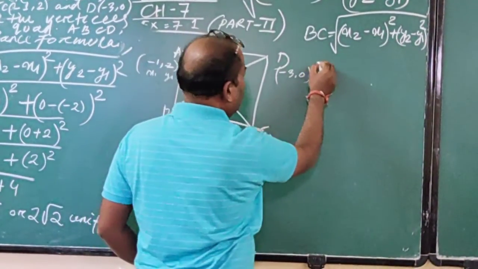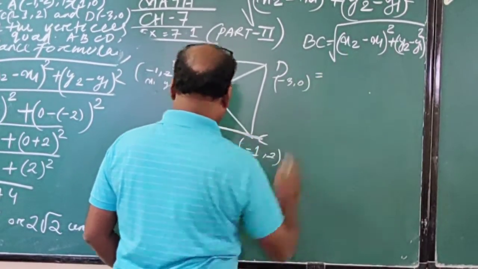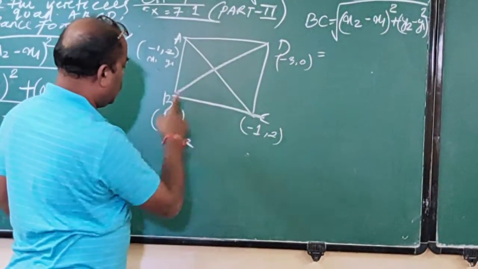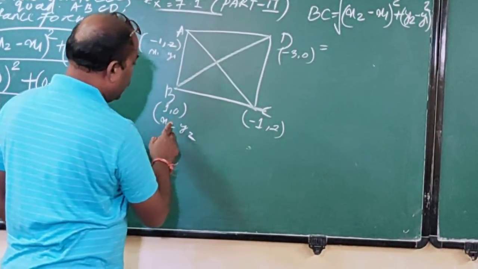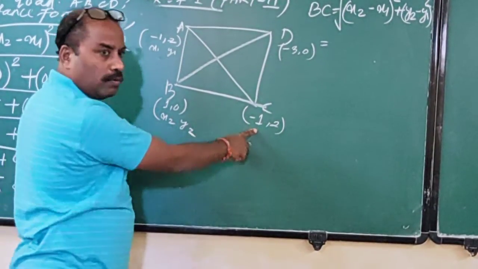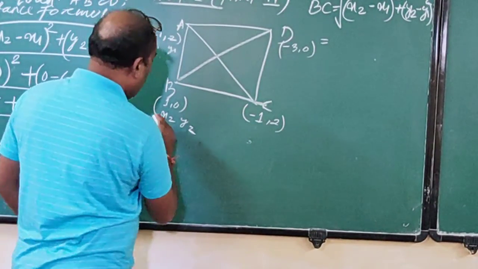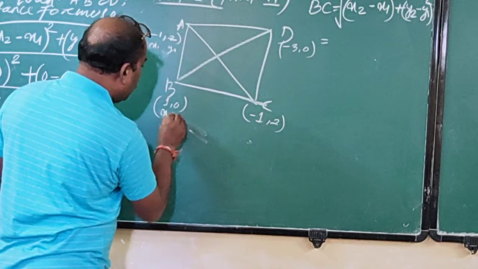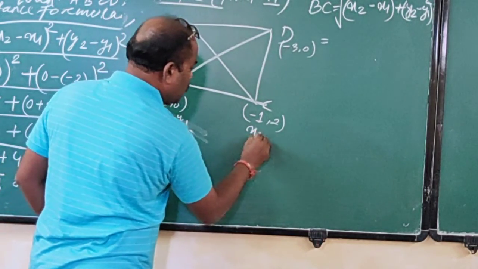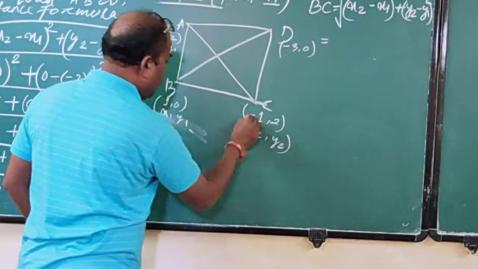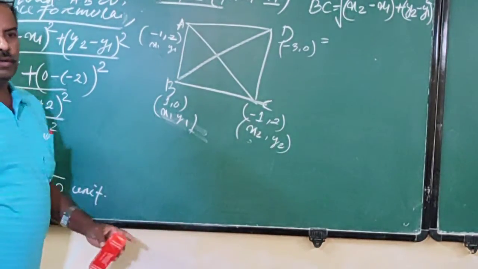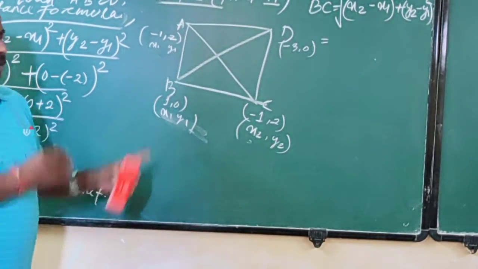Now we have to put the values again. If we are taking BC, then we can take this as x2, y2, or this as x1, y1 also. We can change one from here, then it will be easy to put the values.